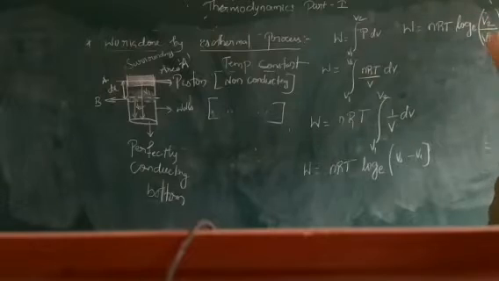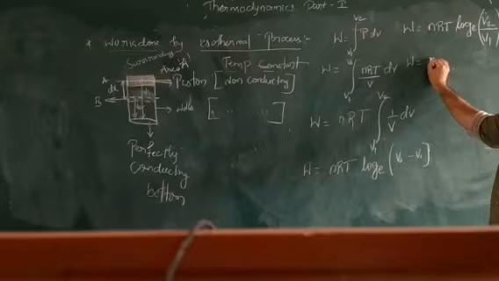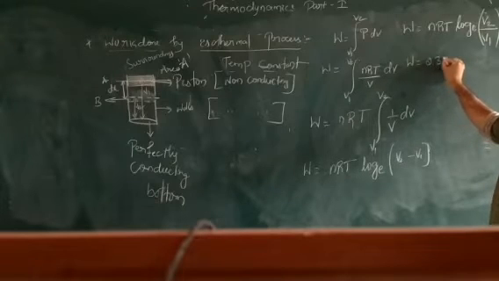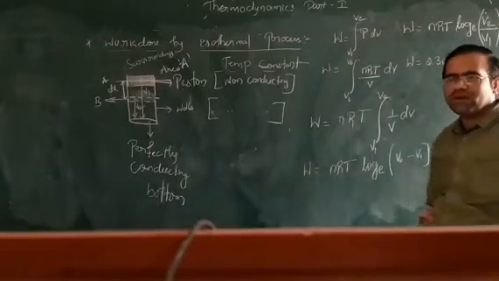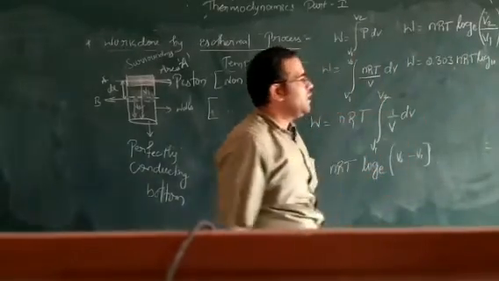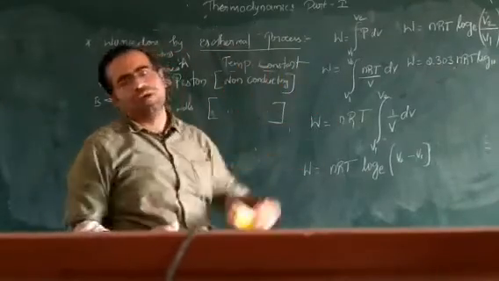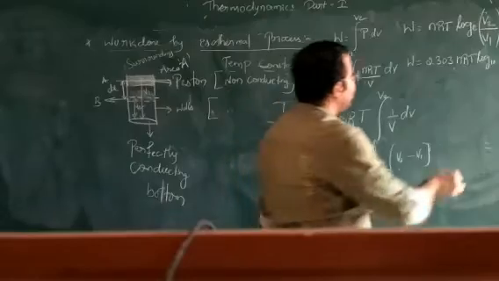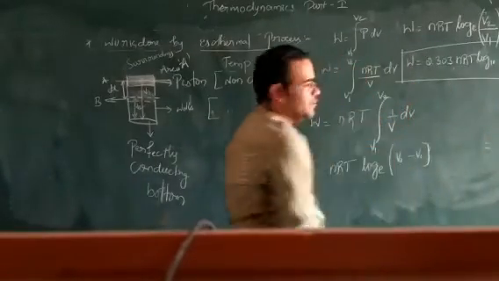Writing log to the base e as log to the base 10, w is equal to 2.303 nRT log to the base 10 of v2 divided by v1. This is the amount of work done during the isothermal process. Observe the equation in the isothermal process. Very important equation, just need to remember.